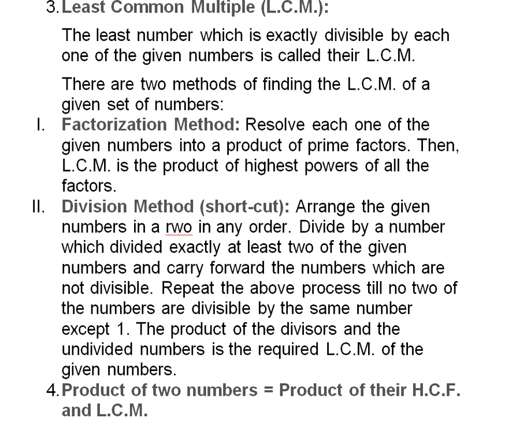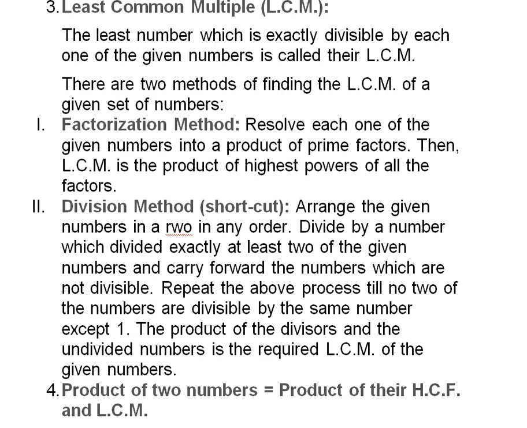There are two methods of finding LCM, just the same as HCF: factorization method and division method. So in factorization method, resolve each one of the given numbers into a product of prime factors. Then LCM is the product of highest powers of all the factors.